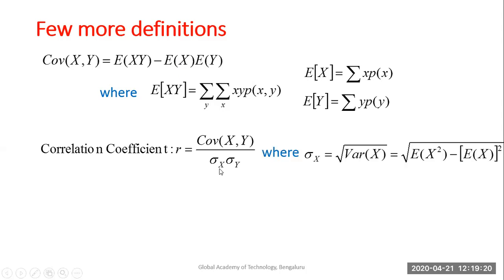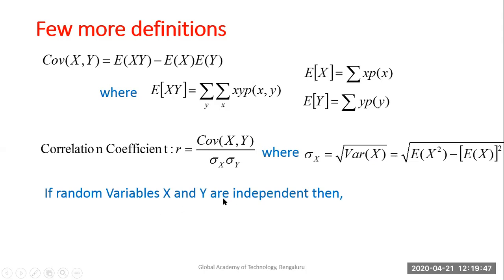And sigma x, the standard deviation of x, is the square root of the variance, which is given by the expectation of x square minus the expectation of x to the power 2. Similarly, sigma y will be the square root of the expectation of y square minus the expectation of y whole square. So this formula gives the coefficient of correlation.